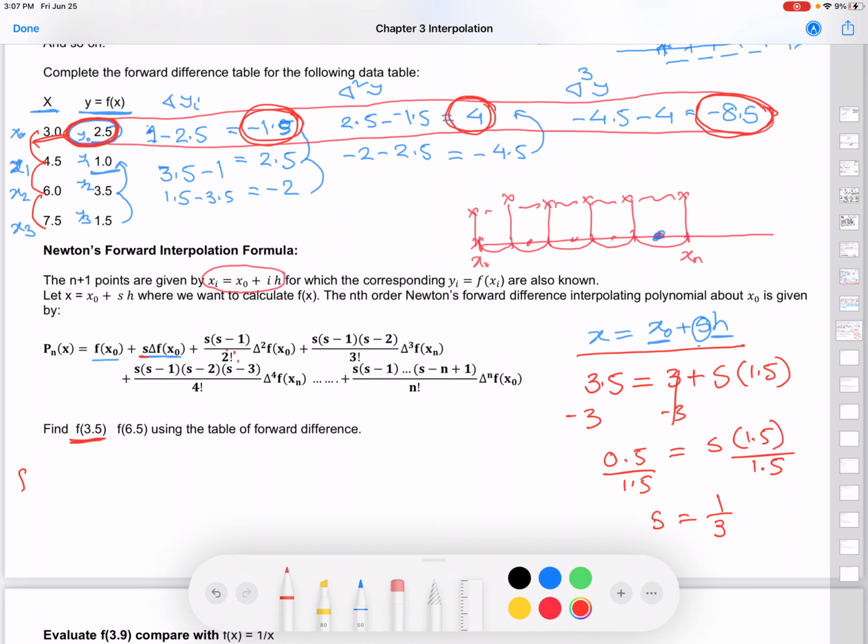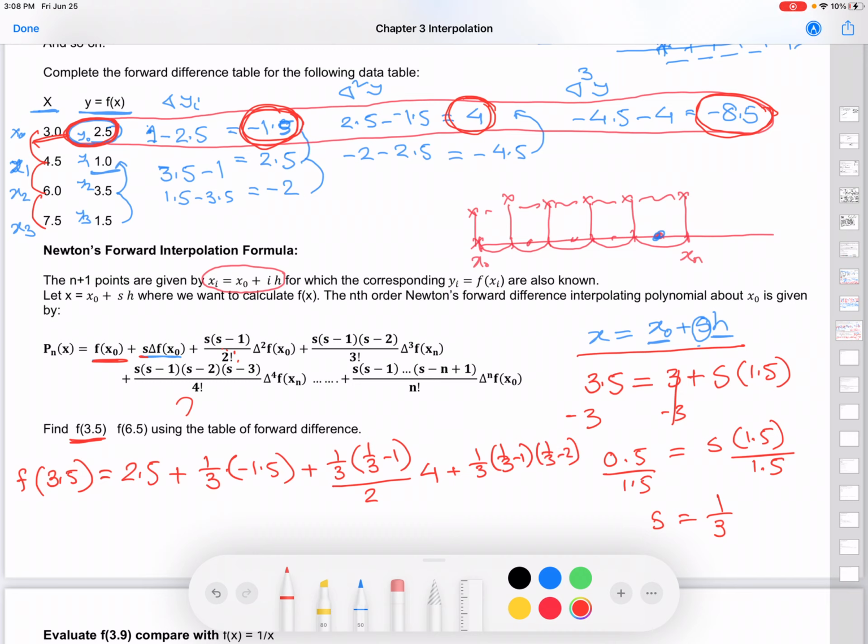So what is f of 3.5? F of 3.5 is equal to f of x0, which is 2.5, plus s, we found s is 1/3, times the first order difference, which is negative 1.5, plus s times s minus 1, so 1/3 times 1/3 minus 1, divided by 2 factorial, which is 2, times the second order difference, which is 4, plus s times s minus 1 times s minus 2, that means 1/3 times 1/3 minus 1 times 1/3 minus 2, divided by 3 factorial, which means 3 times 2, 6, and then my third order difference is negative 8.5.